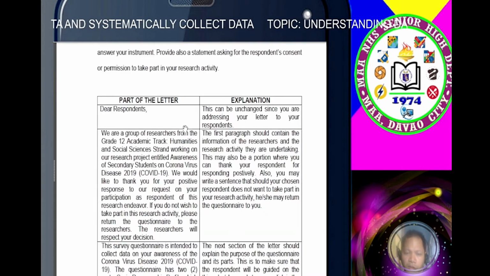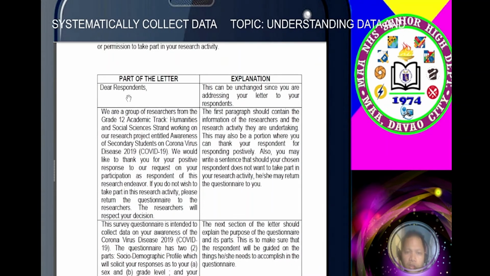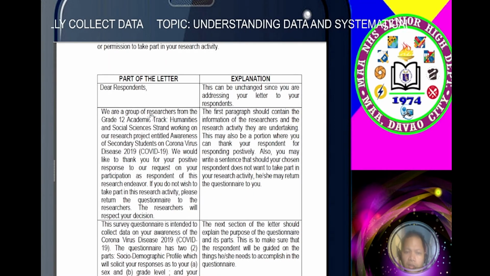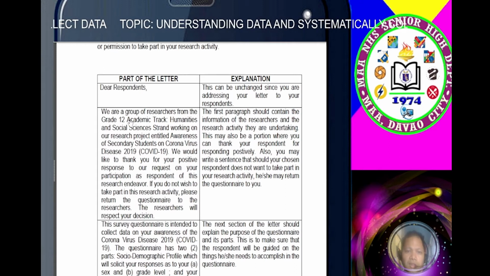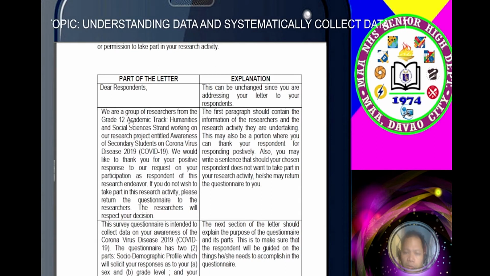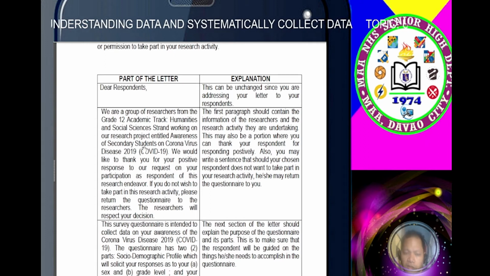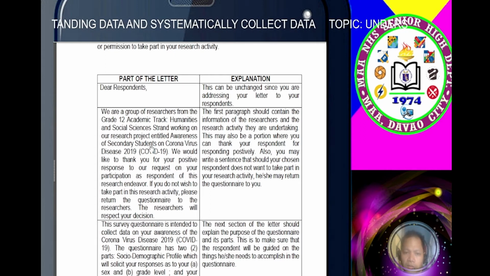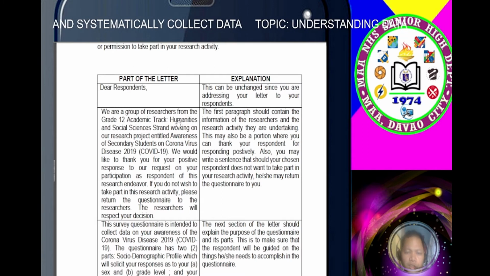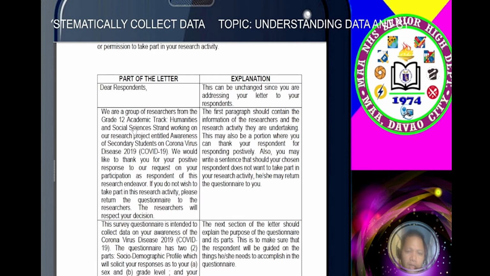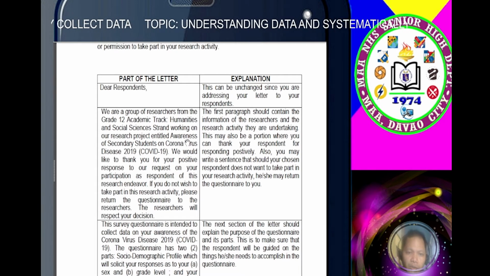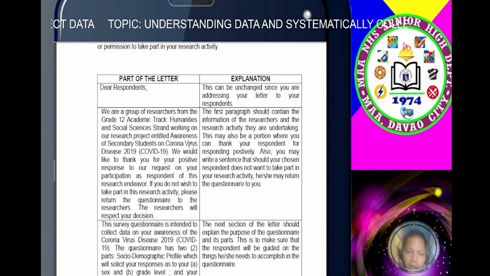So, for example, we have here a letter. Dear respondents, you must inform your respondents who you are, what the purpose of the study is, and what the study is all about. For example: we are a group of researchers from the grade 12 academic track, UMS, working on our research project entitled Awareness of Secondary Students on Coronavirus Disease.